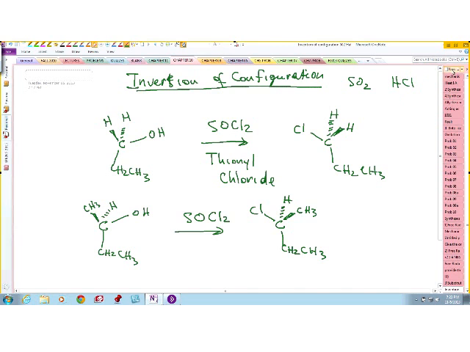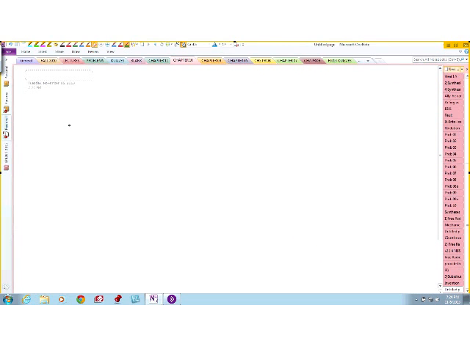So what does thionyl chloride do? Without worrying about the stereochemistry, if I simply do this, what do you get? You just replace the OH with chlorine. That is a simple case of replacement of OH with chlorine.